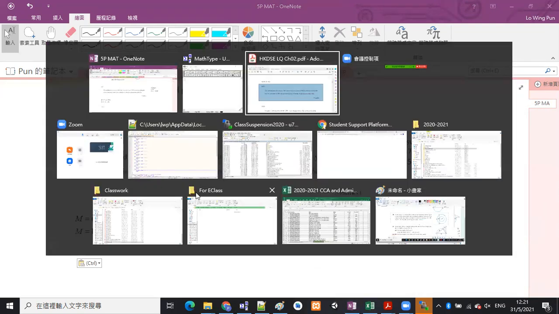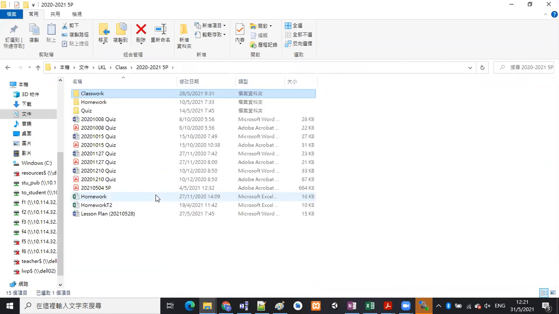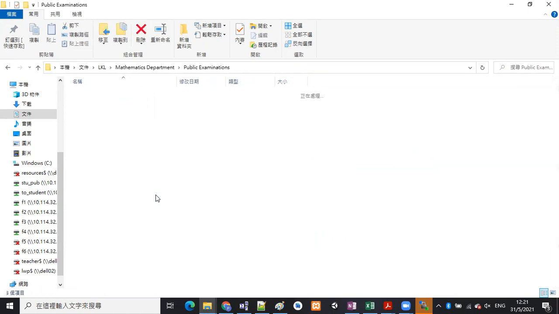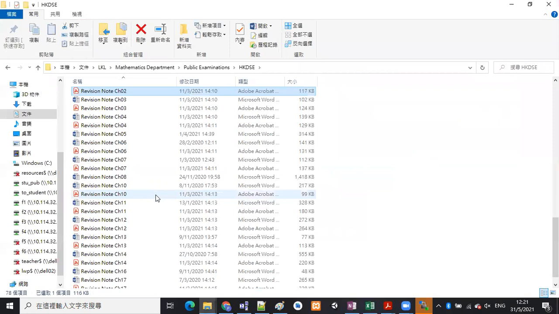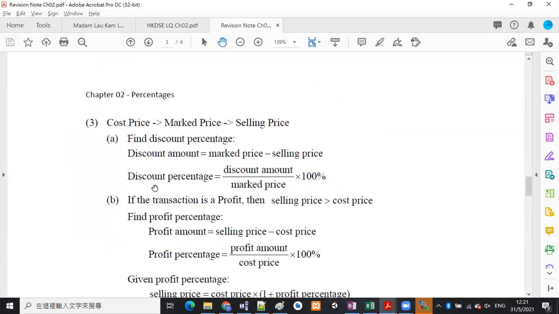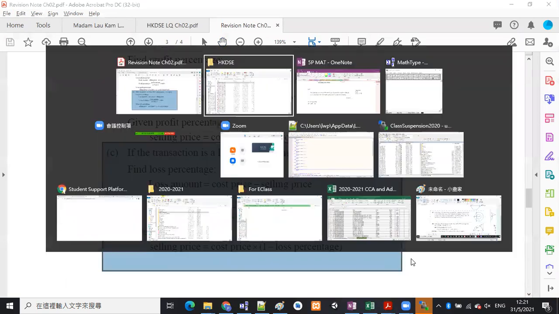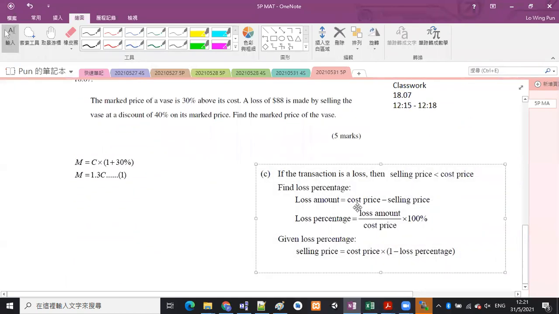What is the equation of the loss? Here, this is from the revision notes, part C.